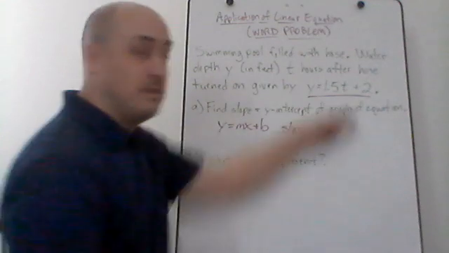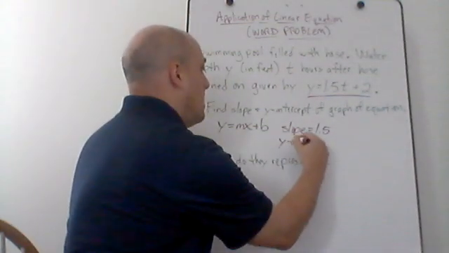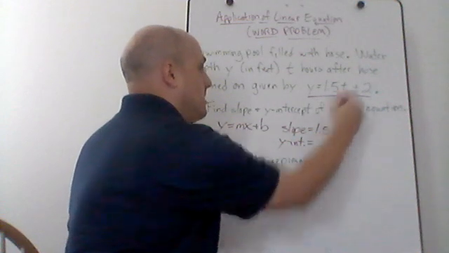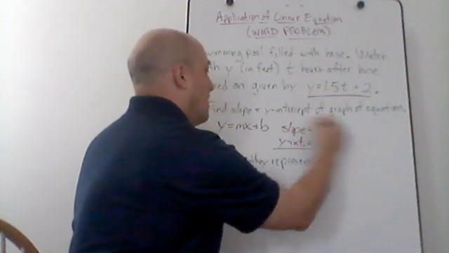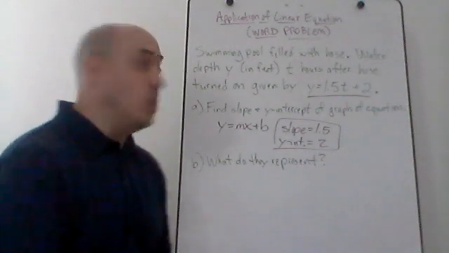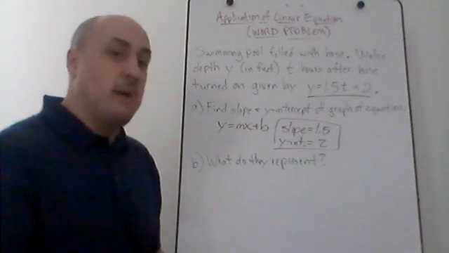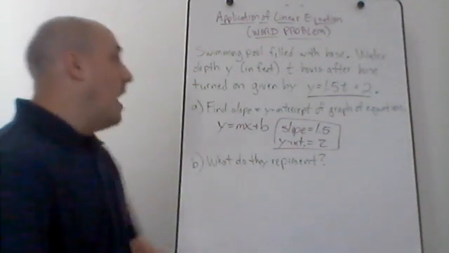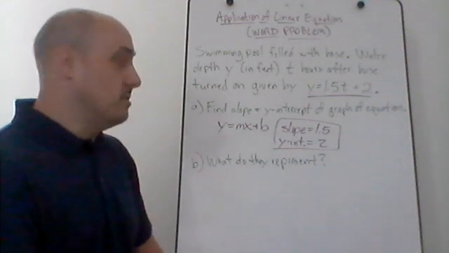That's the number attached to the variable, the t in this case. And my y-intercept is that constant at the end, which is the plus 2. So if I were to graph this equation, it would have a y-intercept of 2 and a slope of 1.5.